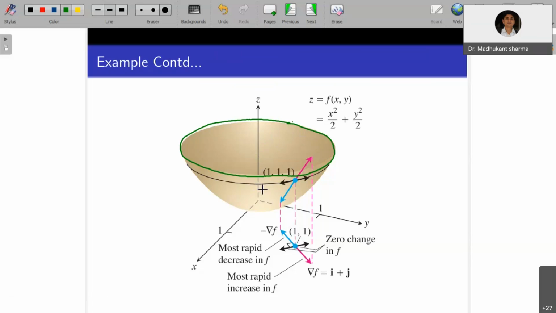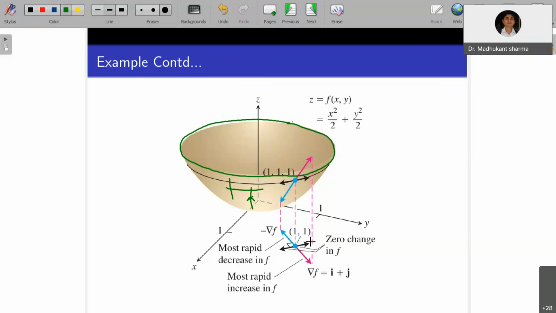When you go round, you just put a finger and make a round along this circle, you will not notice any change. It's all similar. And when you go from downward to upward, you will see it's increasing most rapidly. And when you go from upward to downward, it's decreasing most rapidly. And what are the directions? Those can be identified by finding grad f.